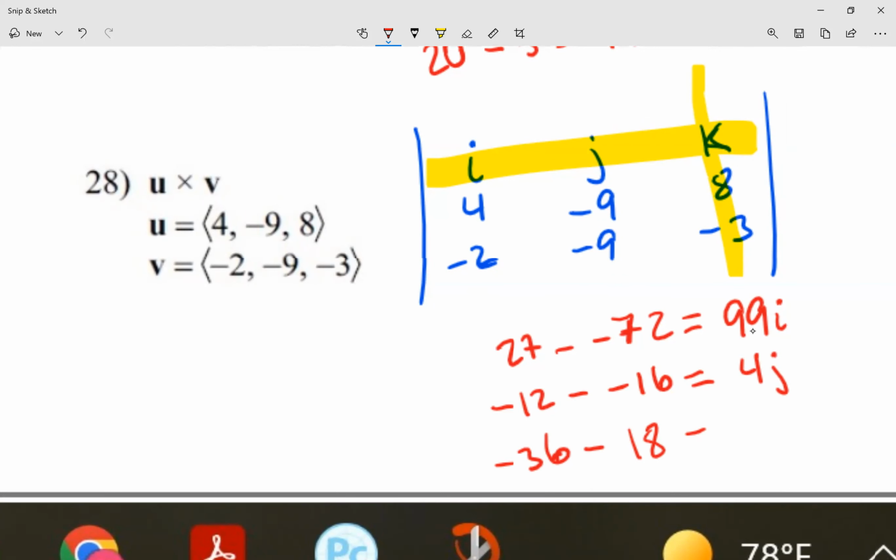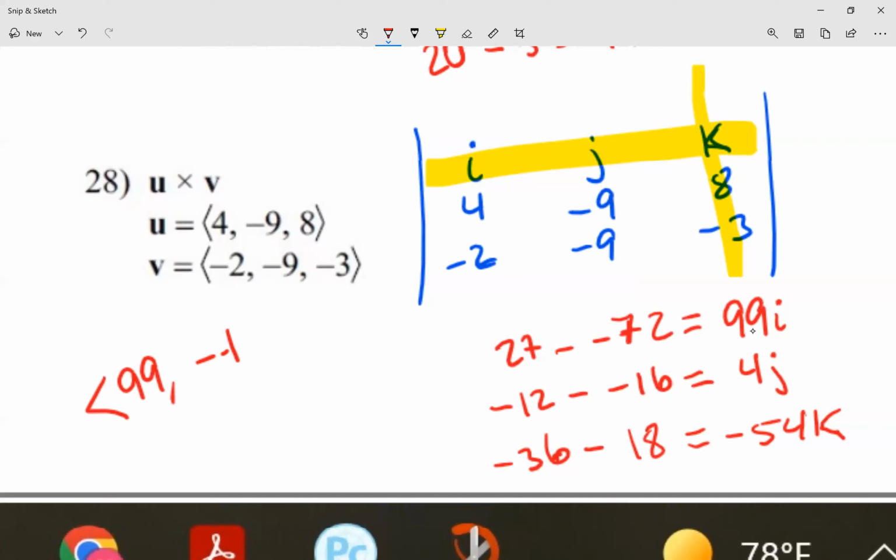I know -36 minus 18 is -54. And that's my K value. So my answer, my cross product, will be 99, -4. Don't forget to change the sign on the J. -4, and then -54.